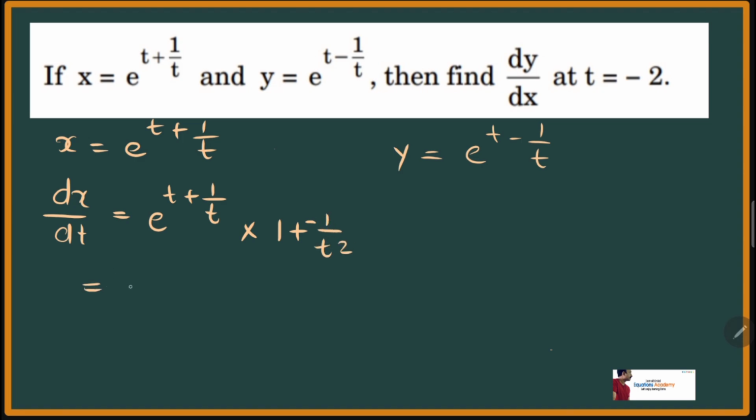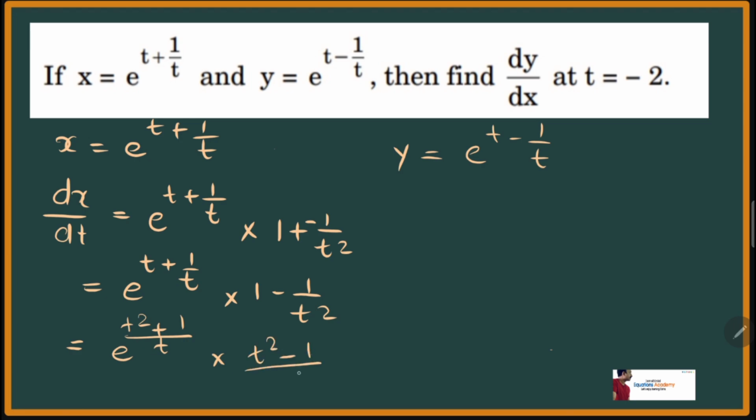This is equal to e raised to t plus 1 by t into 1 plus minus 1, that is 1 minus 1 by t square. This is equal to, if we take LCM, e raised to t plus 1 by t, LCM is t, so e raised to t square plus 1 by t into, here 1 minus 1 by t square, LCM is t square, so t square minus 1 by t square.